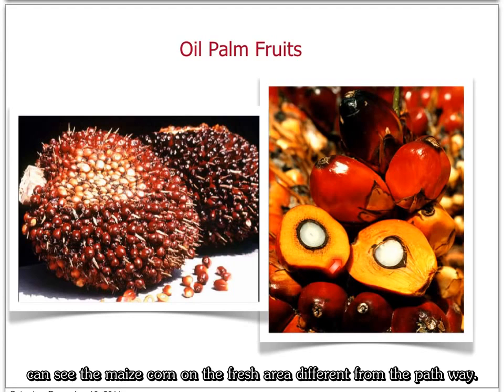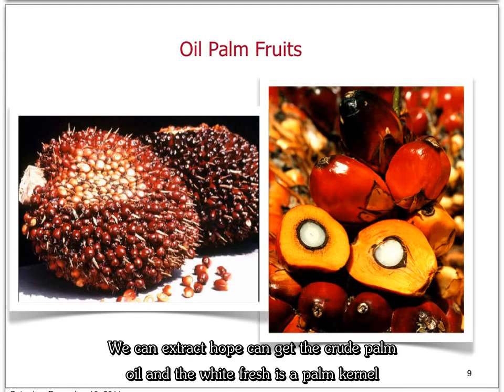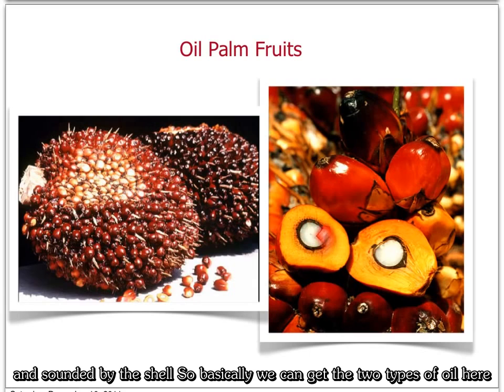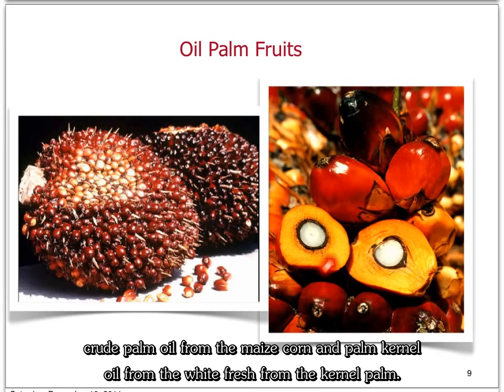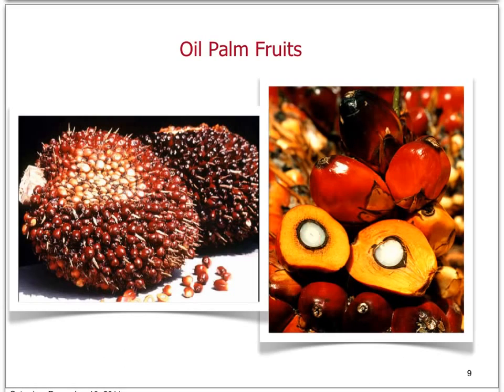This is the part where we can get the crude palm oil, and the white flesh is the palm kernel, surrounded by the hard shell. So basically we can get two types of oil here: the crude palm oil from the mesocarp, and the palm kernel oil from the white flesh or from the kernel part.